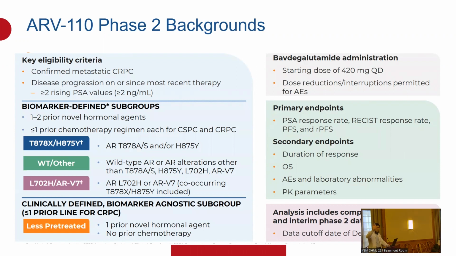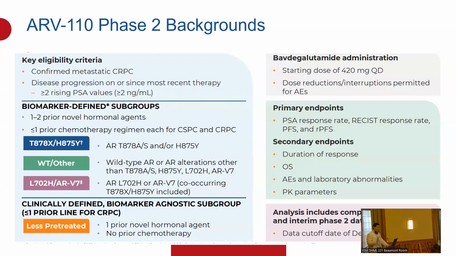They again subsetted the patients into different biomarker groups, and fed these patients 420 milligram QD of ARV-110, monitored them, and allowed dose reduction as well as interruption based on adverse events. The primary endpoints are PSA response rate, RECIST response rate, and PFS and rPFS.